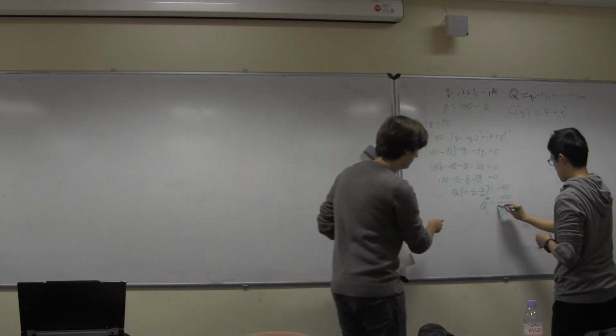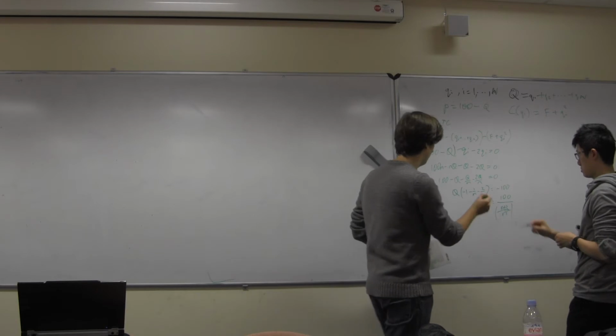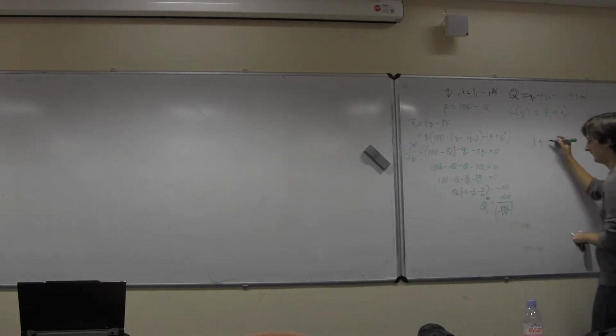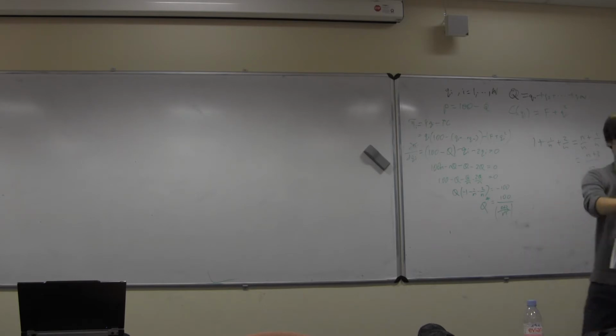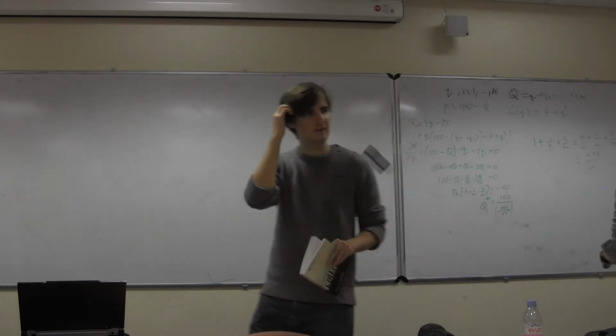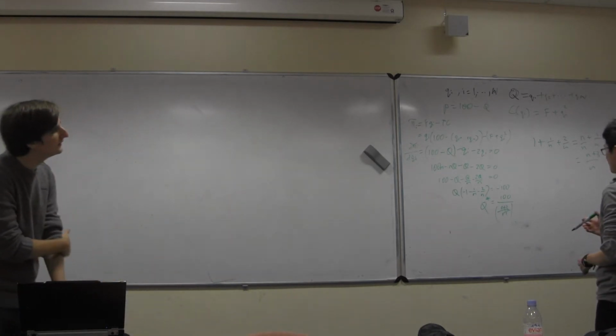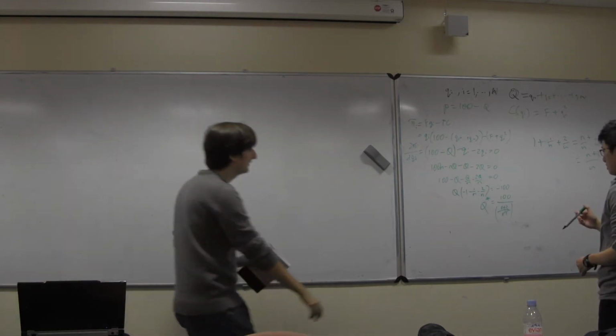So let's just check what you did there. On the bottom we had 1 plus 1 over n plus 2 over n, and you're saying that's n over n plus 1 over n plus 2 over n, which is exactly n plus 3 over n. Okay, very fast. So you know the optimal quantity.